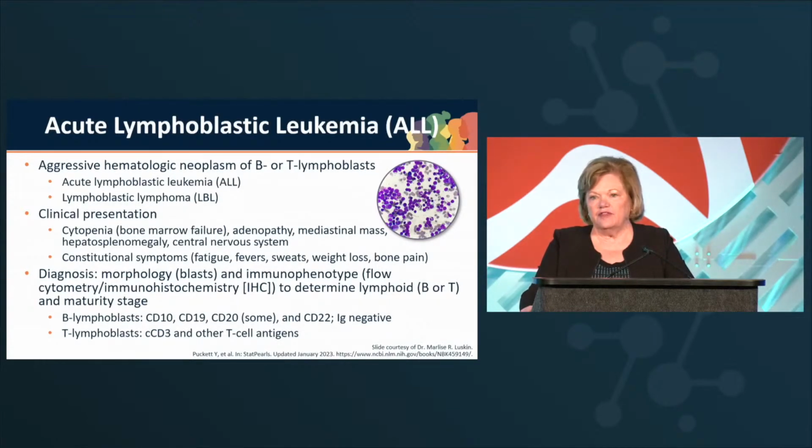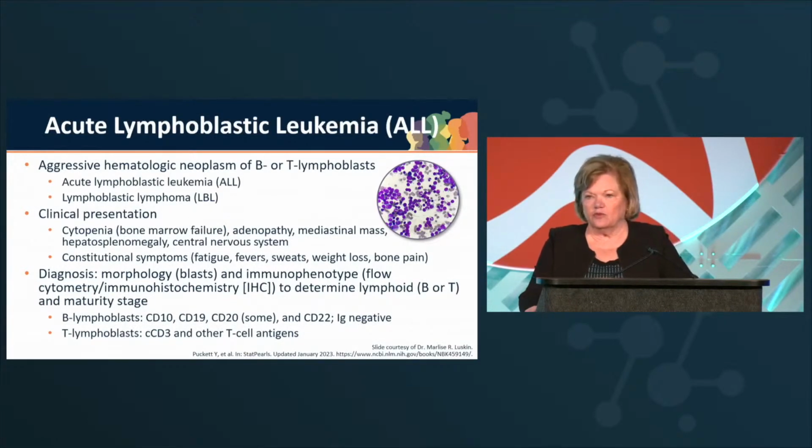Actually, of the ALL in children, about 80% is pre-B, and then typically we say about 20% is T cell, and I always put in there about 1% is your mature B cell or your B cell lymphomas.